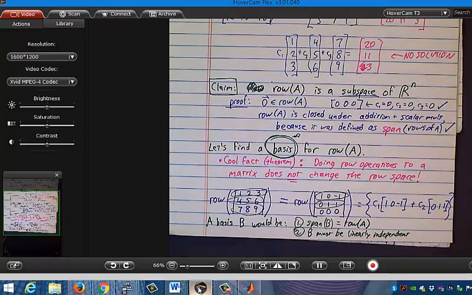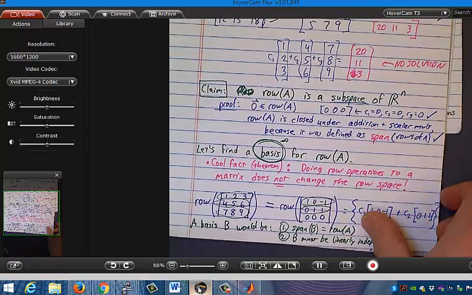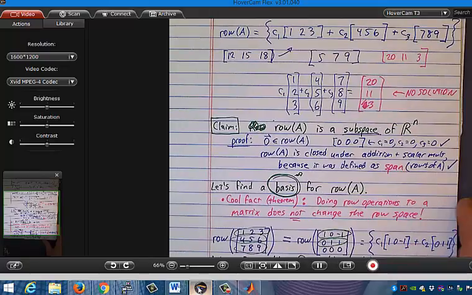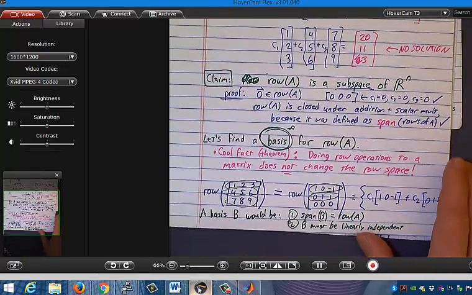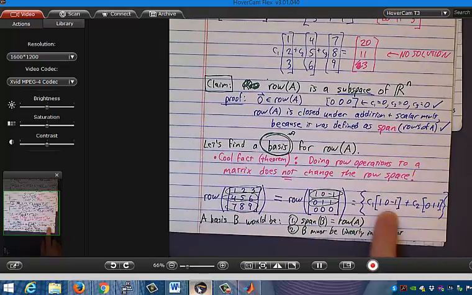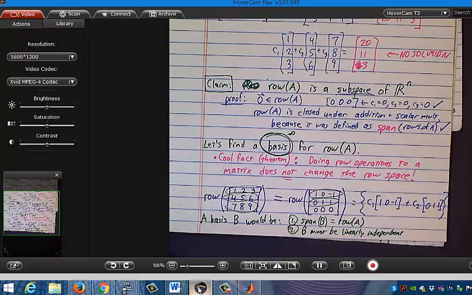Is that true? I should check that. What were some of the ones that we said were in the row space? You guys used, oh yeah, 12, 15, 18. Can I get 12, 15, 18 from these? I guess I could check, right?